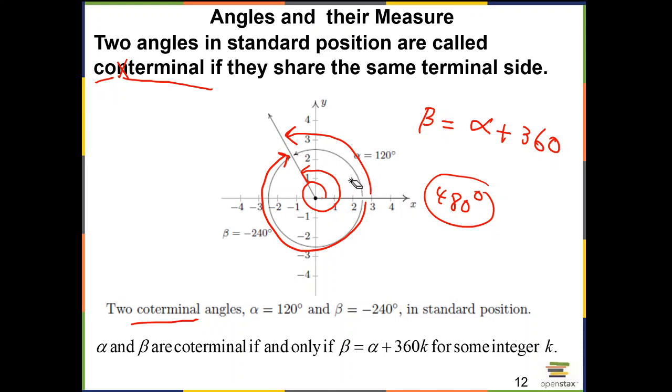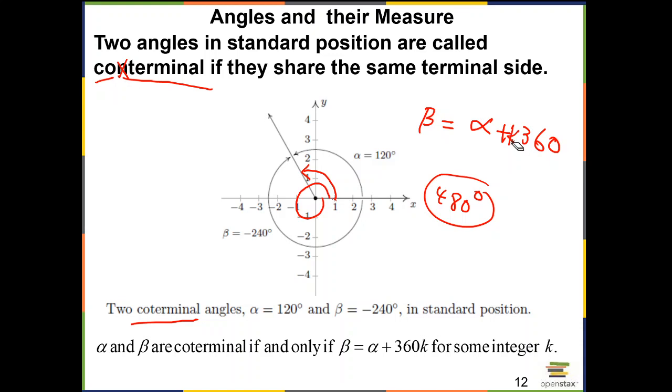I could also go the other way around. I can go this way, one complete turn, and then go that way, 120. That means I want to subtract 360 from it, or you can say add negative 360 to it. So that means we can put a k here.